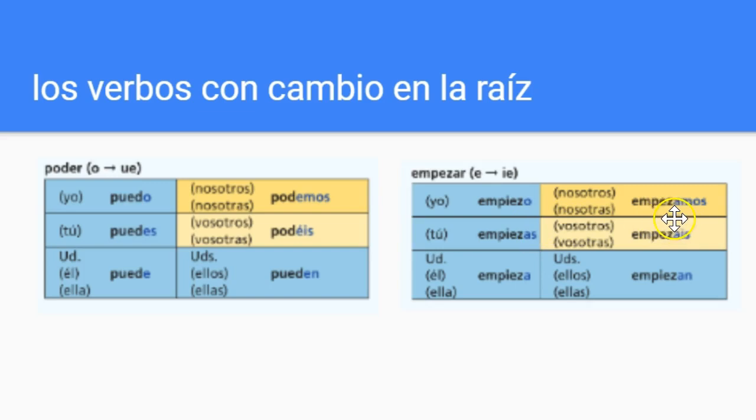It's the A. Empezamos. Empezáis for vosotros. That's, of course, only used in Spain. It's still not stressed because the accent's on the A, as you can see. There's even a written accent there. And so you're not going to have the change. But if you go to the ustedes, ellos, ellas form, empiezan, and there is a change there because that syllable becomes stressed. And so it caves in.